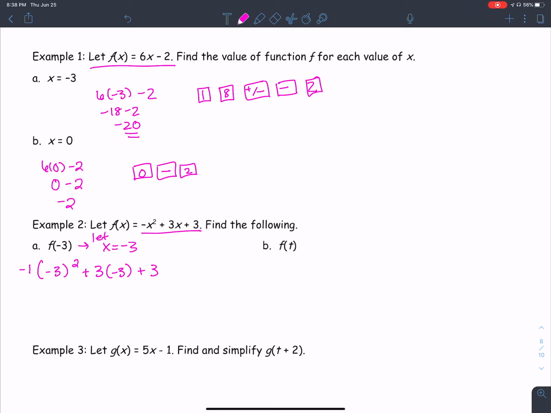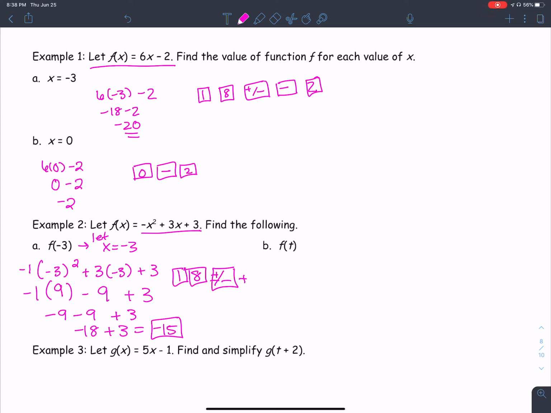So negative 3 squared is 9, minus 9 plus 3. So I've got negative 9 minus 9 plus 3. Negative 18 plus 3 gives me negative 15. So again, on your calculator, you would do 1, then 8, then the plus minus button, and then plus 3.